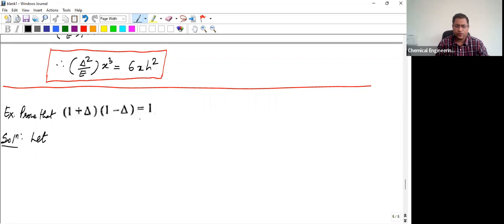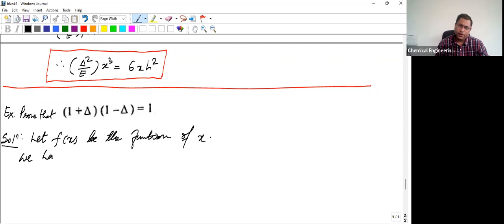We always prove with the help of the function. So let f of x be a function of x. We have to operate this operator on f of x, and then we have to show that it is nothing but the same as identity or 1. So we have (1 plus delta) into (1 minus delta) operated on f of x is equal.